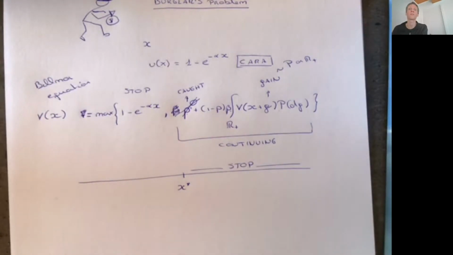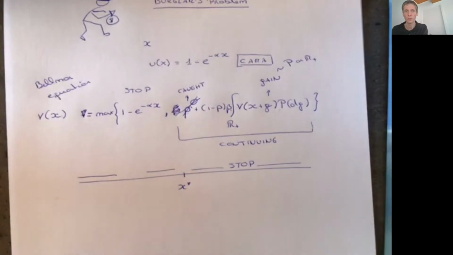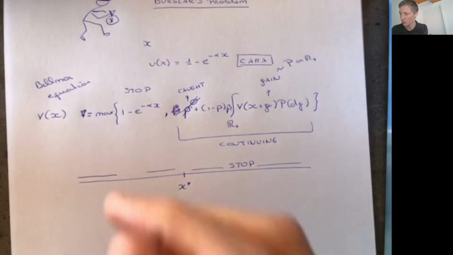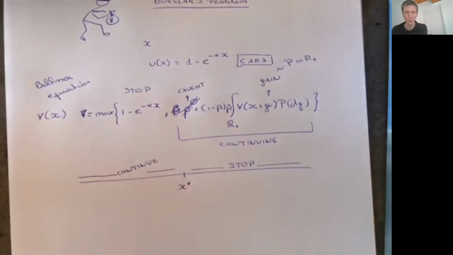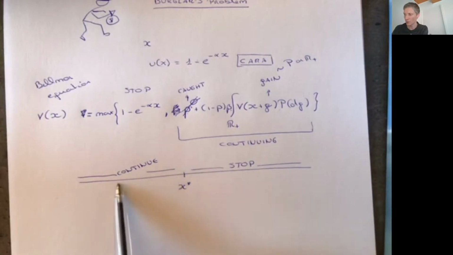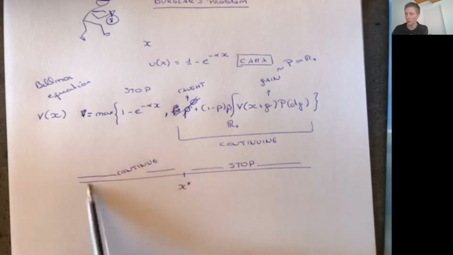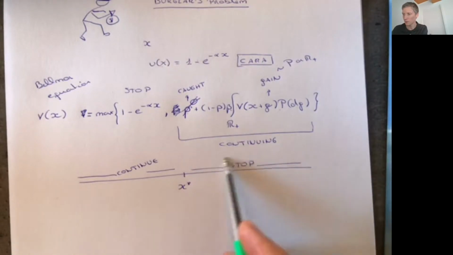He has enough money to be happy, so he can retire. If there's not enough money, he's going to keep on taking the risk of going out stealing. So we're looking for an X star: if X is smaller than X star, he's going to continue robbing houses, and if X is above X star, he's going to stop.